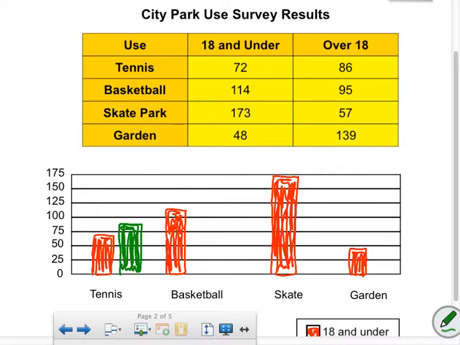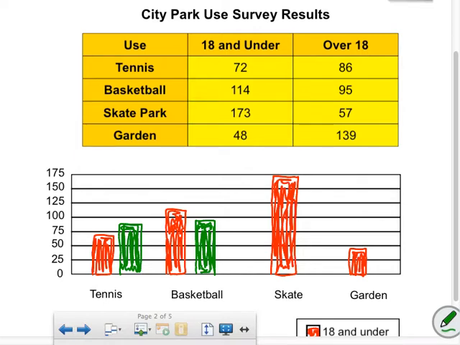Okay? And then my next bar is 95. And we just did that. So I'm going to say that's a little bit closer to 100 than halfway up to 100. Okay? So that's just a little bit more.